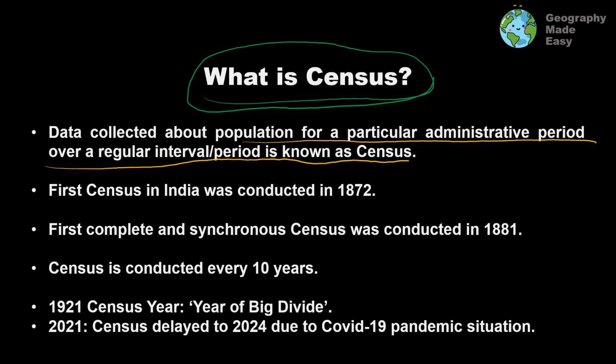For India, the census usually takes place after 10 years. However, the last census data which is available to us is from the 2011 census. Because of the COVID situation in 2020, the 2021 census could not be held.